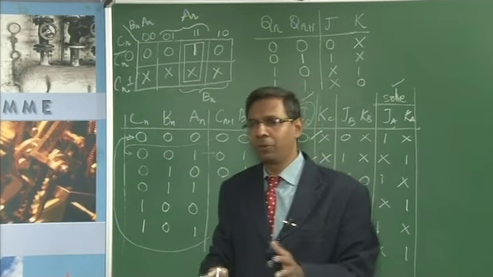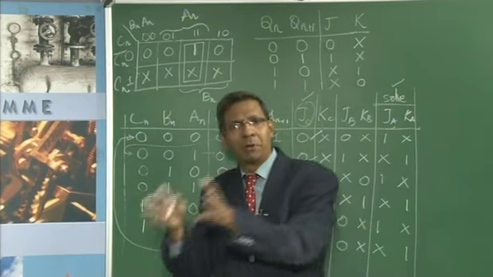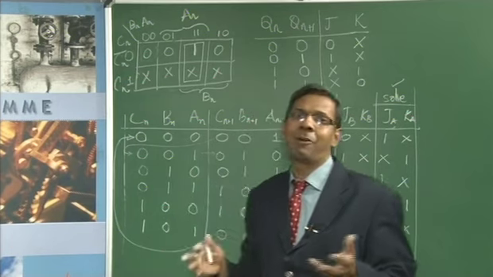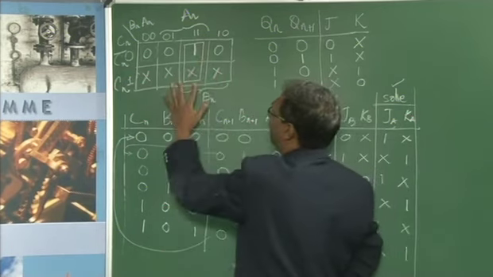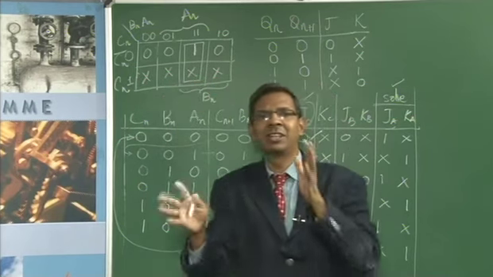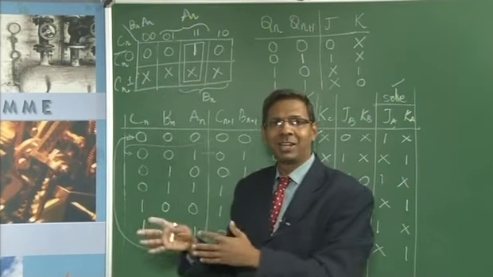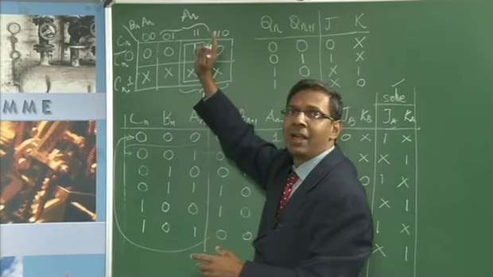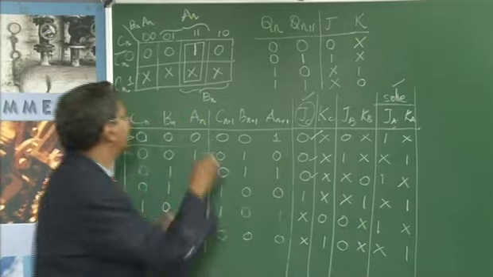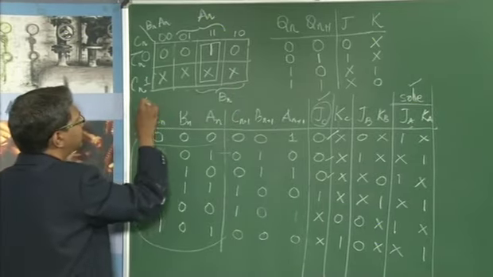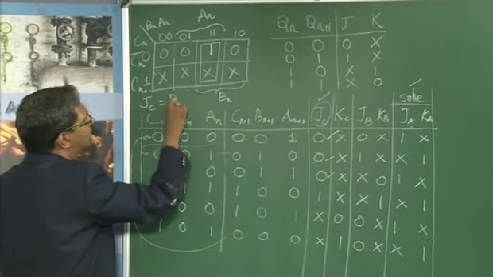It's very similar, though the analogy can be wrong, to the intersection of two sets. There is a set of Bn here, there is a set of An here. My box is the intersection of these two. So in logical terms, I can write it as Bn ANDed with An. So finally, the expression for JC becomes Bn times An.